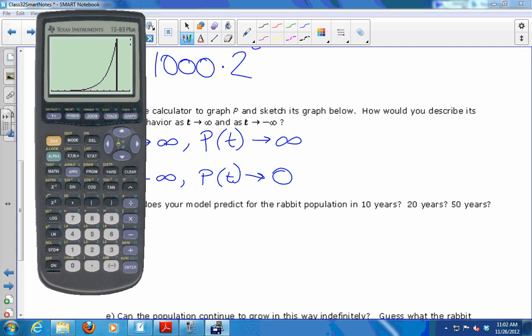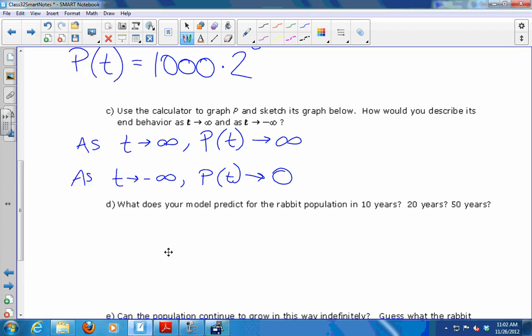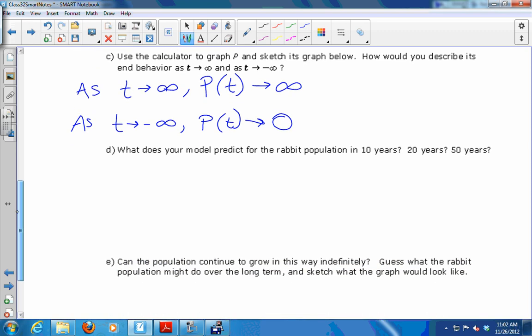Now it's easier to see that as I go left on my graph, as t goes to negative infinity, the values of the number of rabbits are approaching the x-axis, or the t-axis, which is 0. All right, so there's my end behavior.